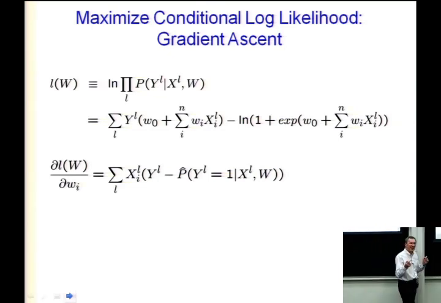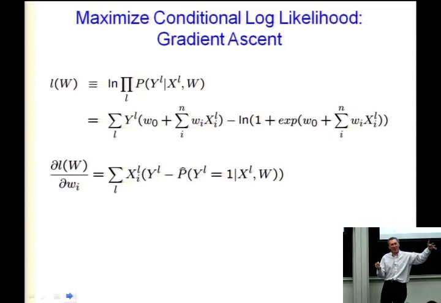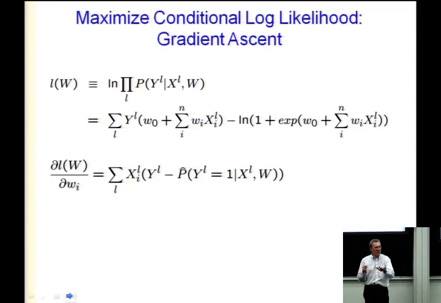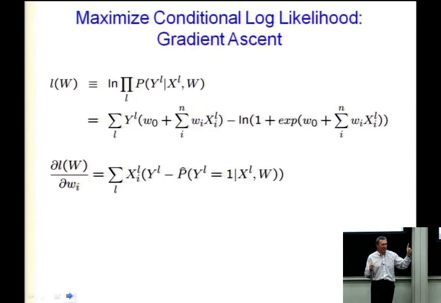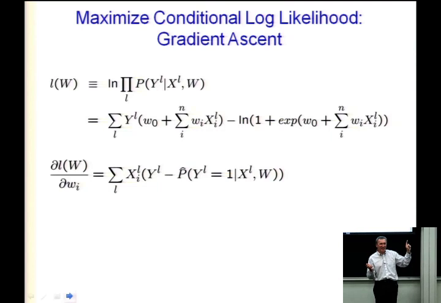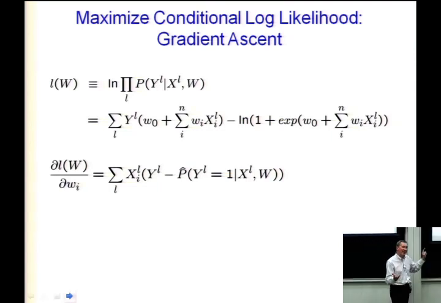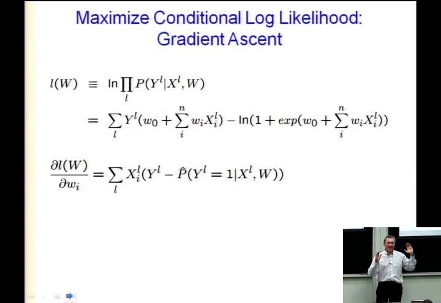And interestingly, you can translate from the Gaussian naive Bayes parameters to the logistic regression ones, but not vice versa. Do you see why you can't go the other direction? You cannot go the other direction because Gaussian naive Bayes is learning the joint distribution.